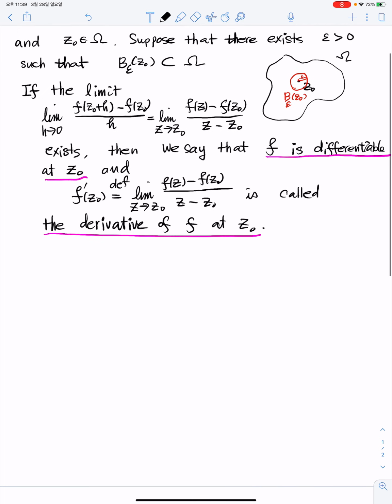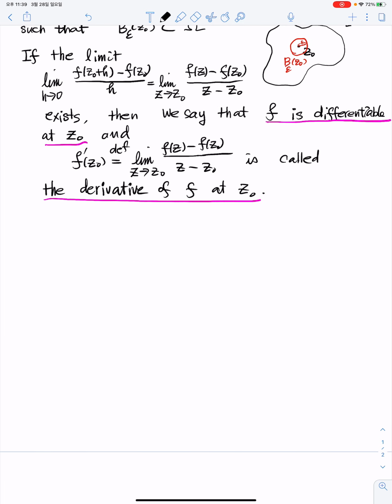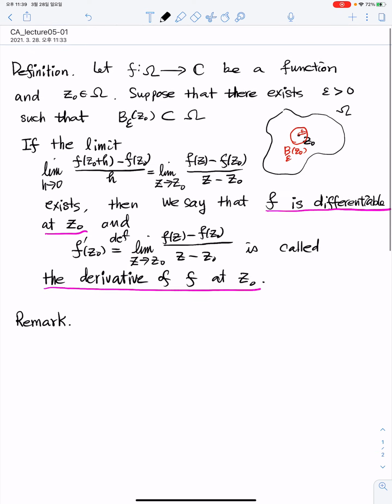Okay, so it is one remark. It's a very important remark. You know, when we define the differentiability of f at z0, we did not assume that the function f is continuous. So remember, we don't have any continuity assumption for f.